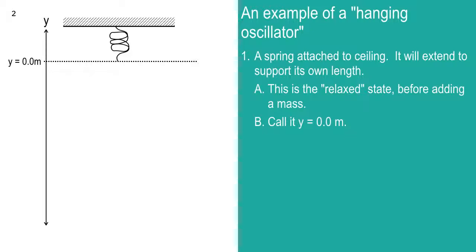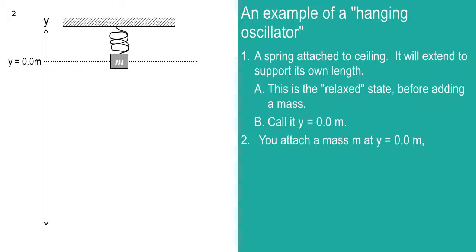But this point here is going to be important for another reason. We'll keep our vertical bookkeeping set up so that y is equal to 0 at this point, in its relaxed state. Now, next step, you attach a mass at y equals 0. All right, so there it is, and it's mass m.